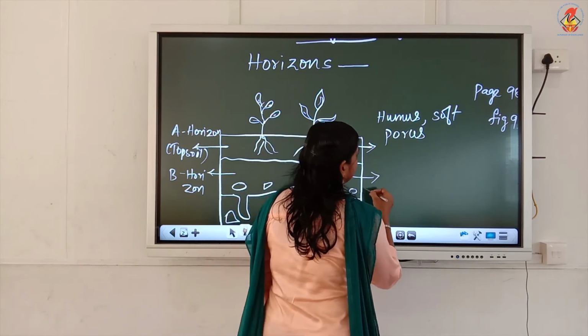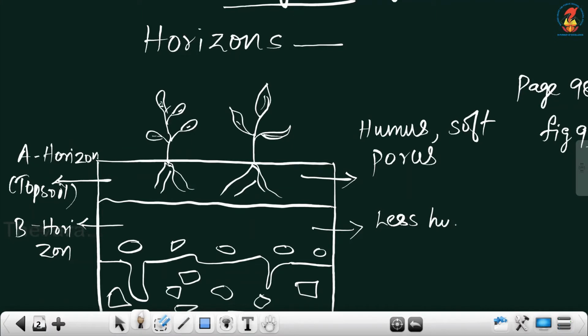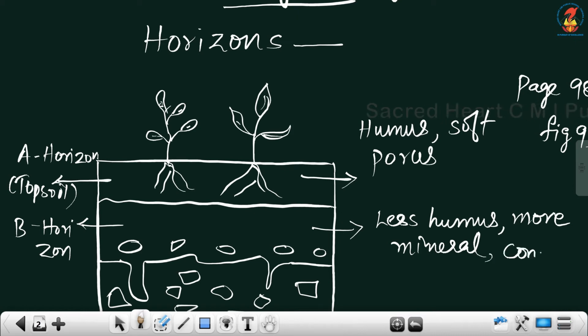So the specialities we can see are less humus and more minerals present there. As it goes down, more minerals are present, and it is very compact.